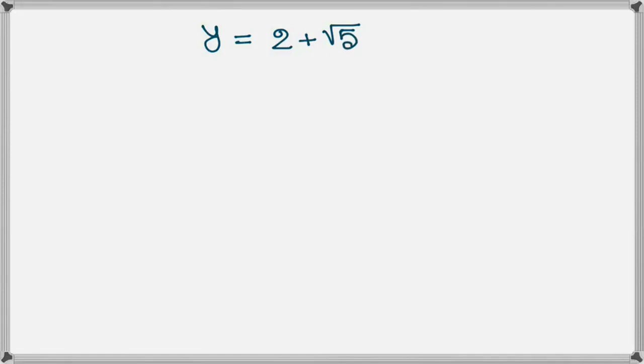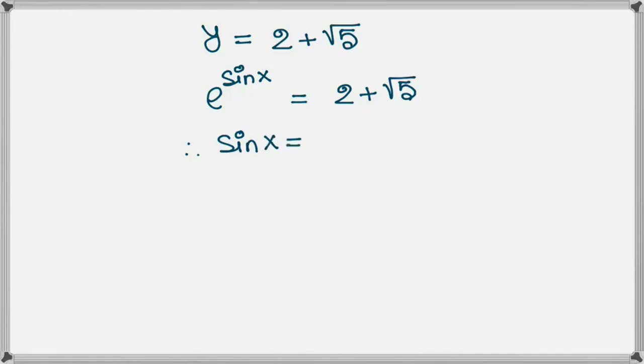Now we write what is y. This is e to the power sin x. So we have e to the power sin x is 2 plus square root of 5. We take logarithm to the base e on both sides of this equation, and therefore we obtain sin x is equal to logarithm of 2 plus square root of 5.